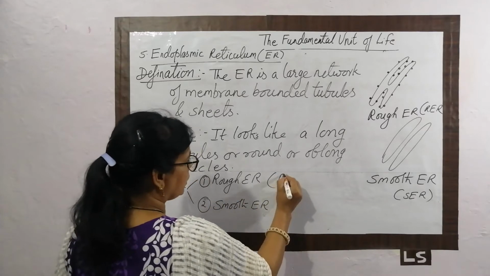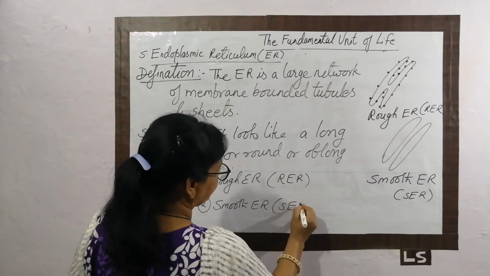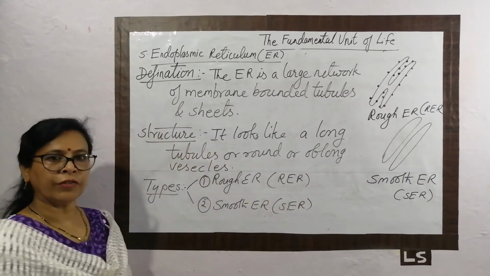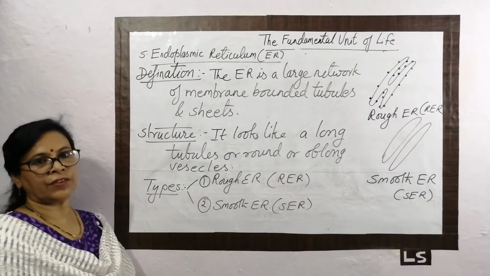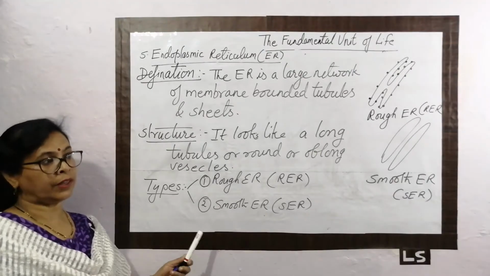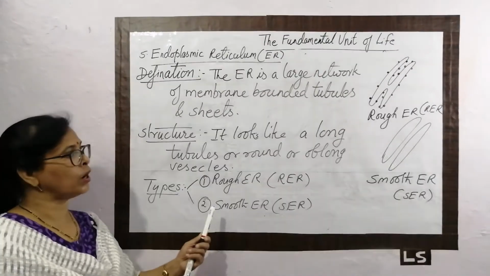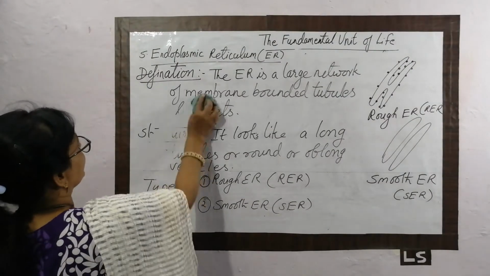Okay, RER and SER. We define the two types in the differences. When we move to the section on difference between these two, then we write the definition of these two also. Before that, first study the function of the endoplasmic reticulum.